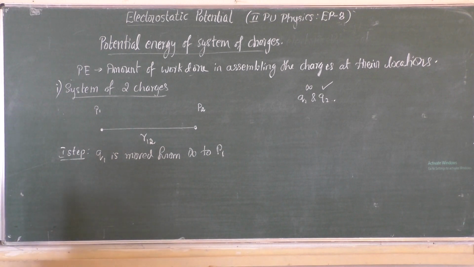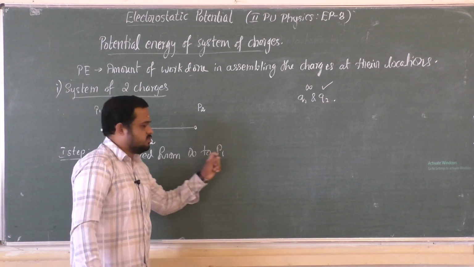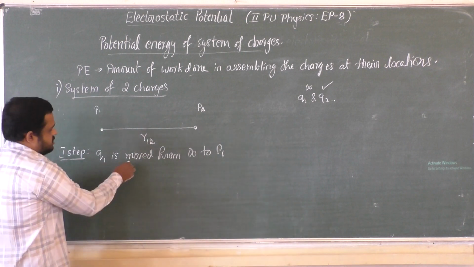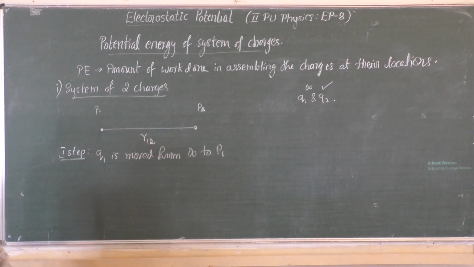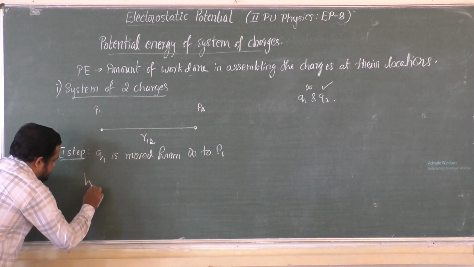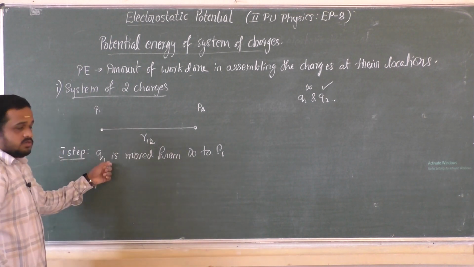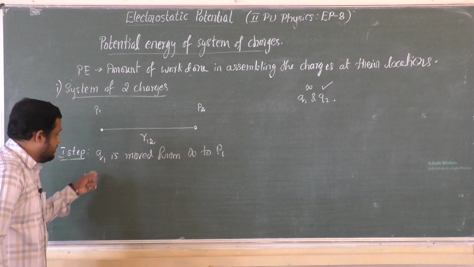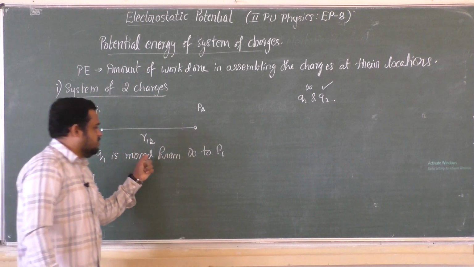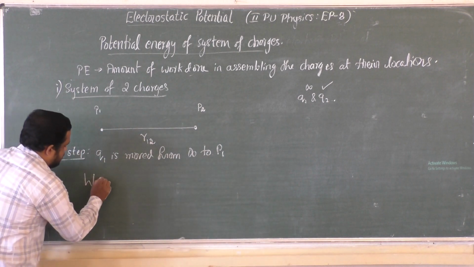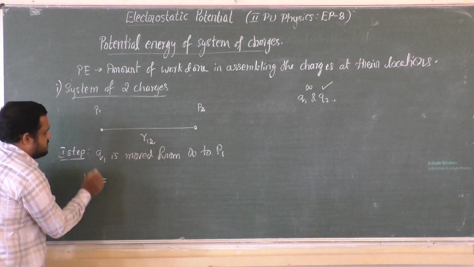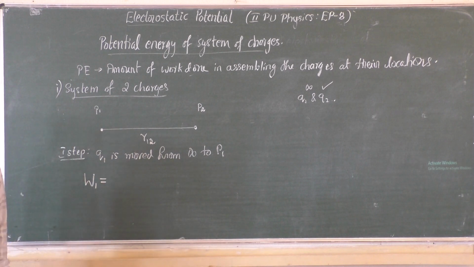If W1 is the amount of work done in shifting Q1 from infinity to P1, then what is the value of this W1?